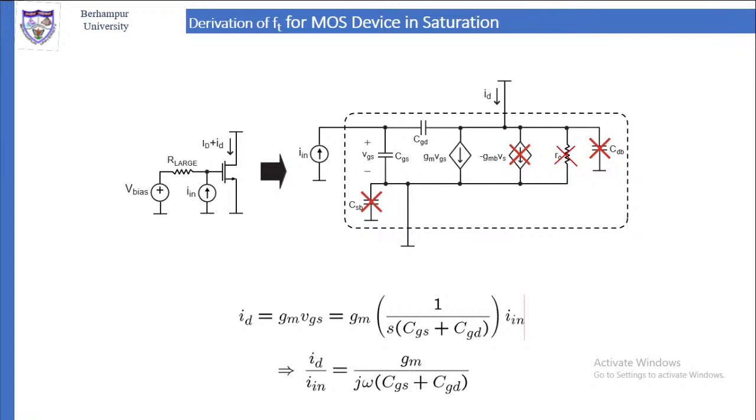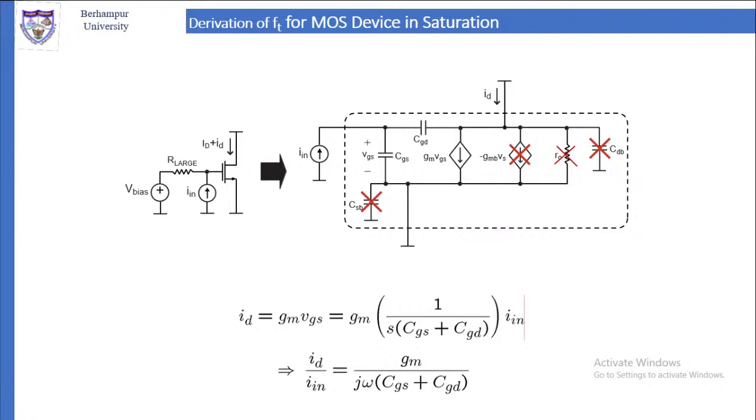VGS will be 1 by S into CGS plus CGD, into the input current IN. Looking at the circuit and from your network analysis, you know this. So what is S? S is equal to J omega. That I hope you know. From the Fourier analysis or Laplace analysis, S comes as J omega.